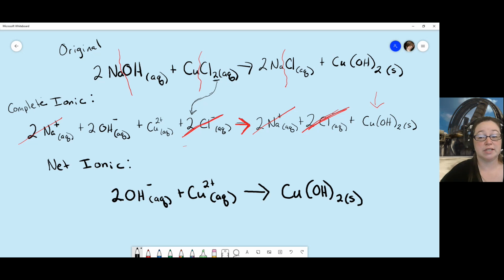It's for predicting your measurable products from a reaction in an aqueous solution. Most often you'll use this with things that create precipitates or solids, because again, gases are hard to collect. So we tend to stay away from them, especially when we're doing the real basic, high school level chemistry, when we're trying to quantify or measure how much product you're getting.